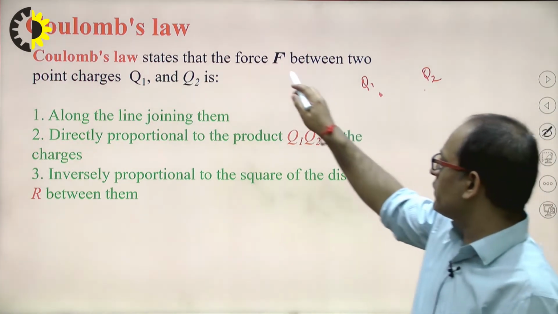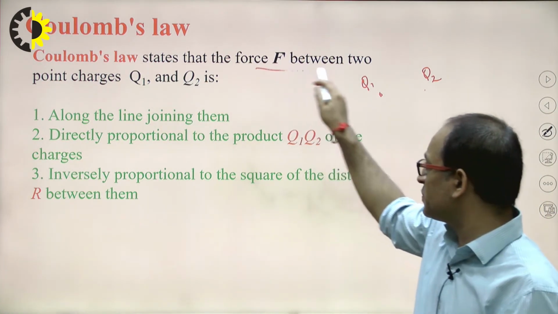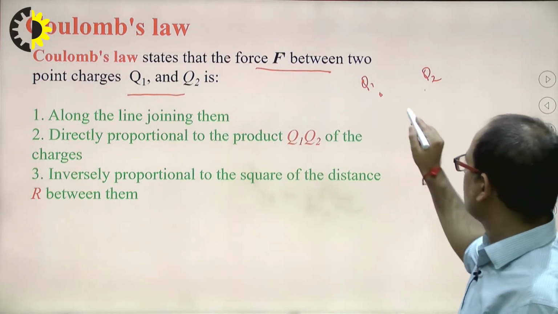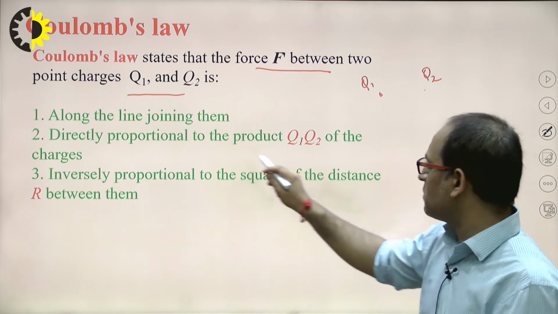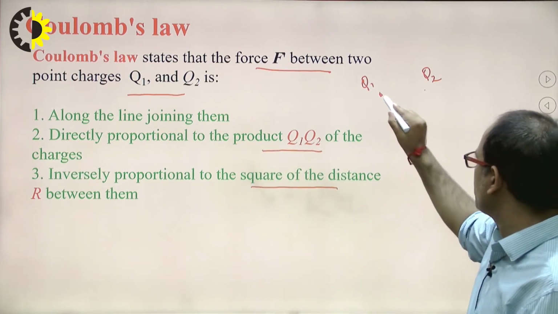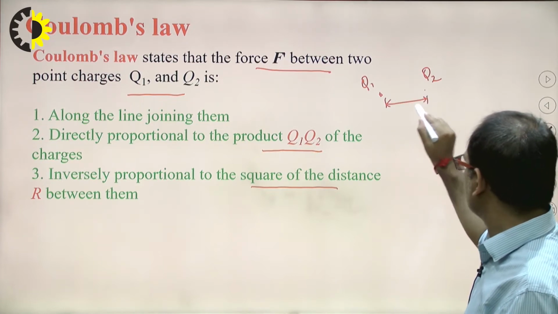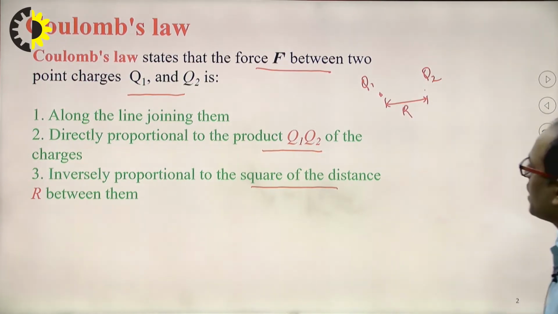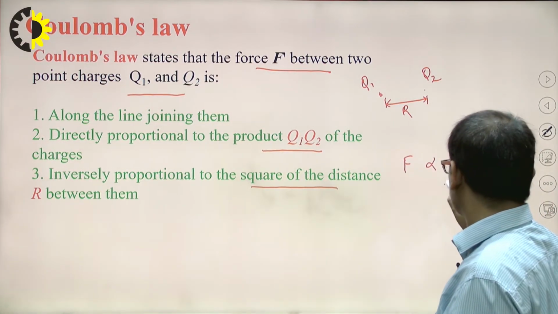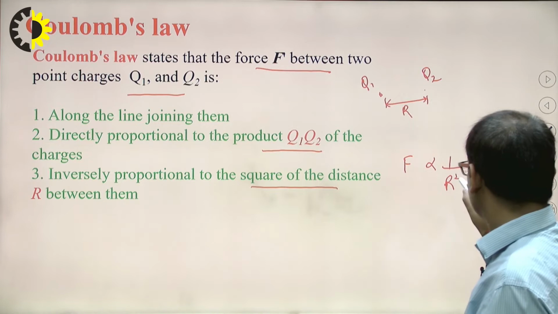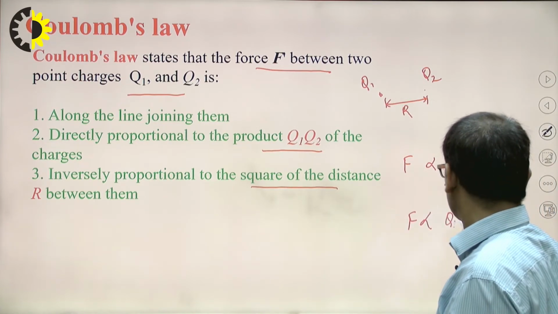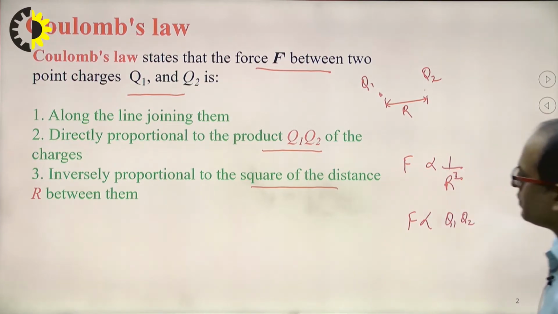The force between the two point charges Q1 and Q2 will be directly proportional to the product of Q1 and Q2 and inversely proportional to the square of the distance between them. If the distance between these two point charges is R, the force is inversely proportional to R square and directly proportional to Q1 and Q2.